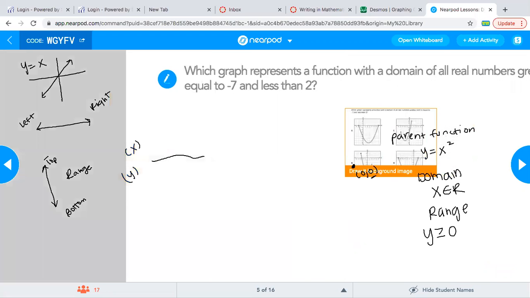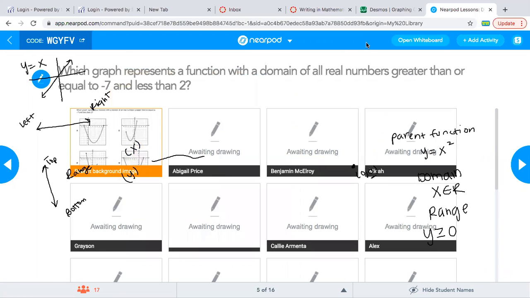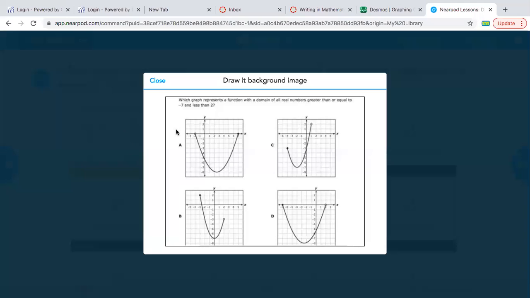All right. So let's look at this. We want to know which of the graphs have a domain of all real numbers greater than or equal to -7, but less than 2. So I want you to look at each graph.